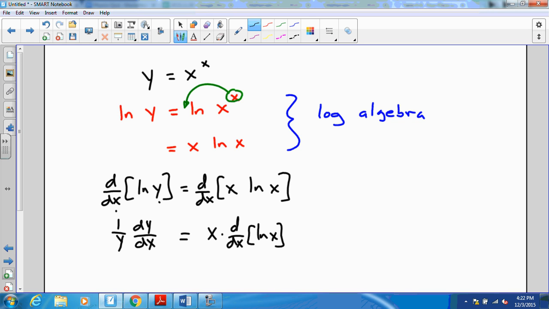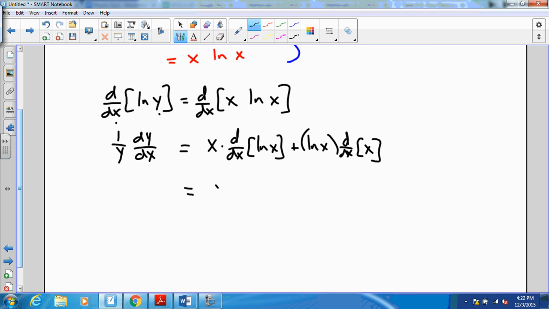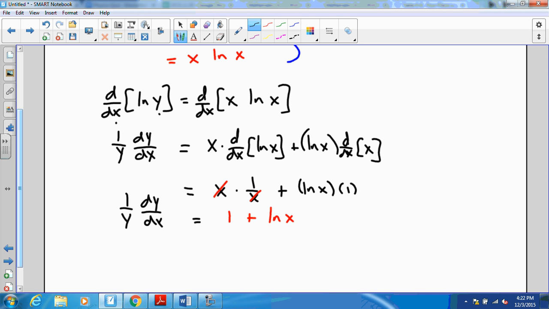On the right-hand side, we have product rule. And when we simplify here, the derivative with respect to x of natural log x is 1 over x, and the derivative of x is 1. And we just happen to have something nice occur here, that is x divided by x is 1. And of course, ln x times 1 is just ln x.